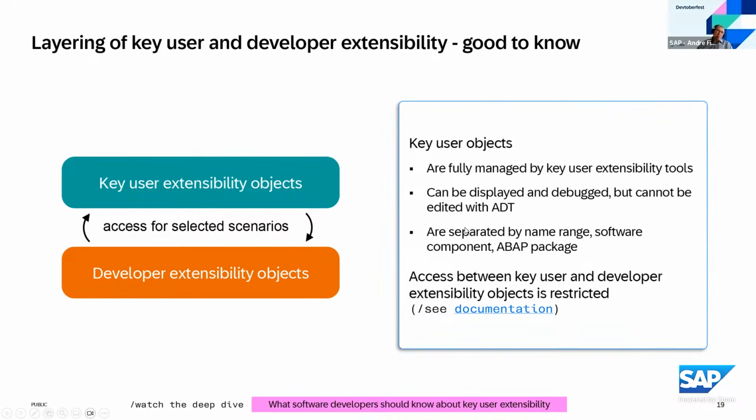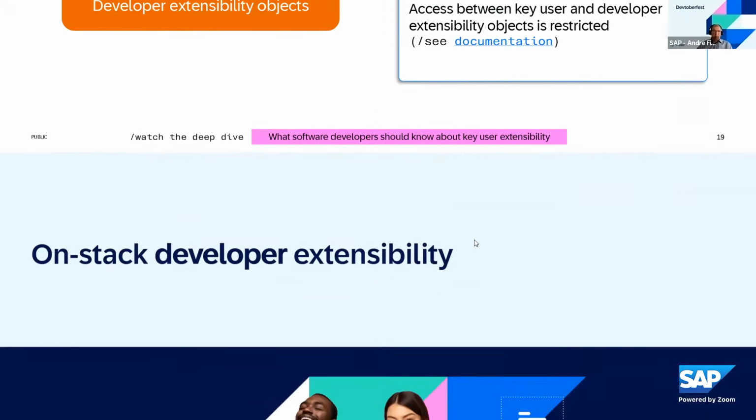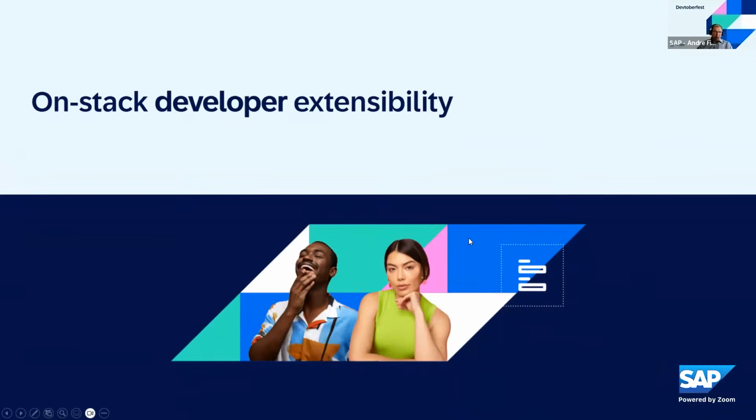This is because they are being generated, and if you would tap into this generated code, that would end up in a mess. So now we are switching to the real, from a developer point of view, extensibility, where ADT comes into play.